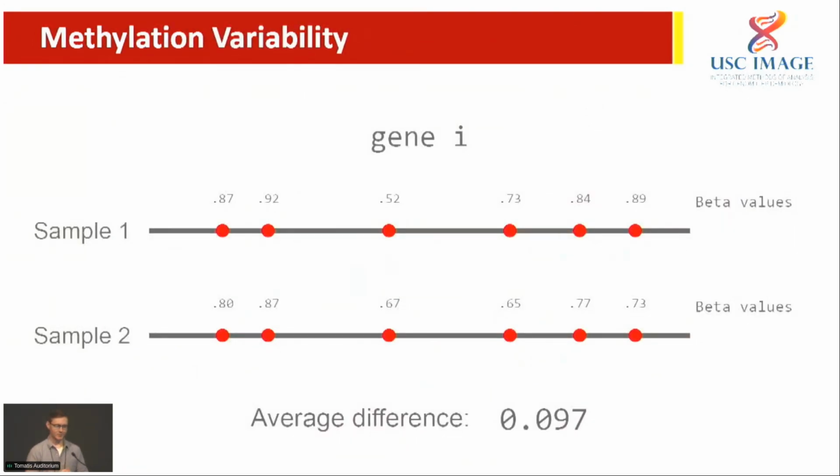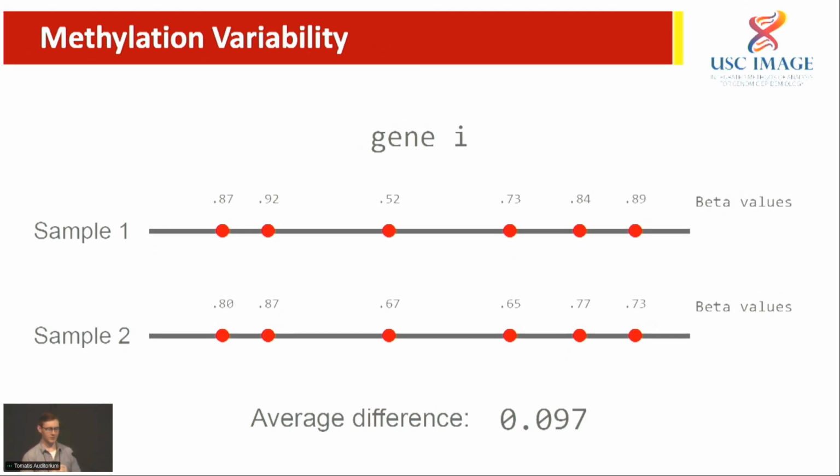What we did do is we looked at methylation. And so we used 850K EPIC arrays to measure methylation at hundreds of thousands of CpG sites along the genome. And we summarized that at a gene level because we were interested in looking at methylation variability. I'm using the term variability loosely here because we only ever had 2 samples.